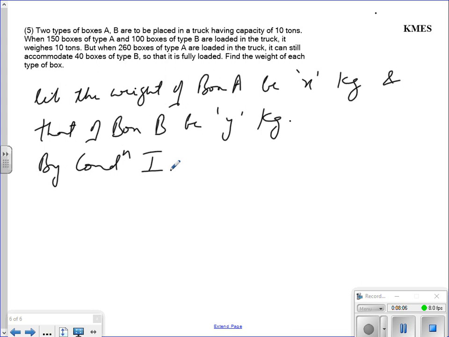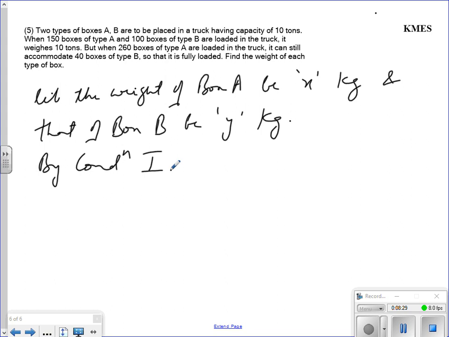When 150 boxes of type A and 100 boxes of type B are loaded in the truck, it weighs 10 tons. So what is being said here? The weight of 150 boxes of type A and 100 boxes of type B together makes 10,000 kg.